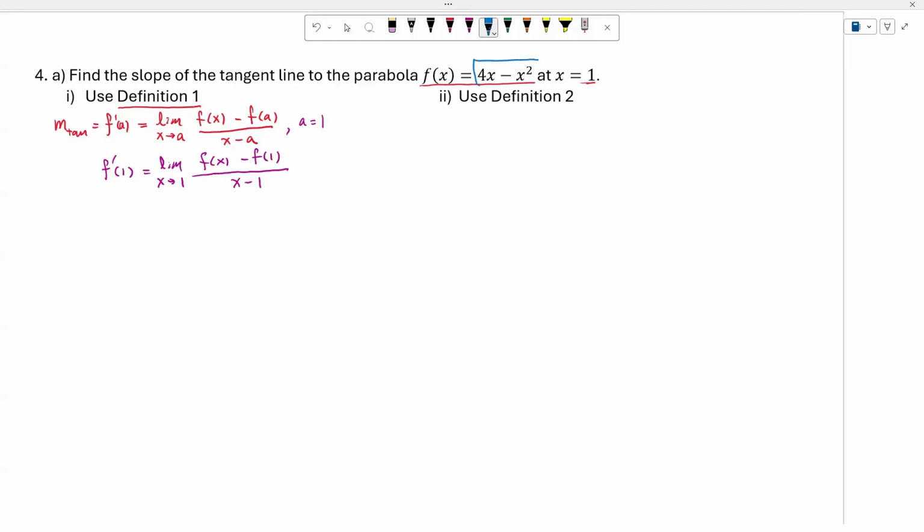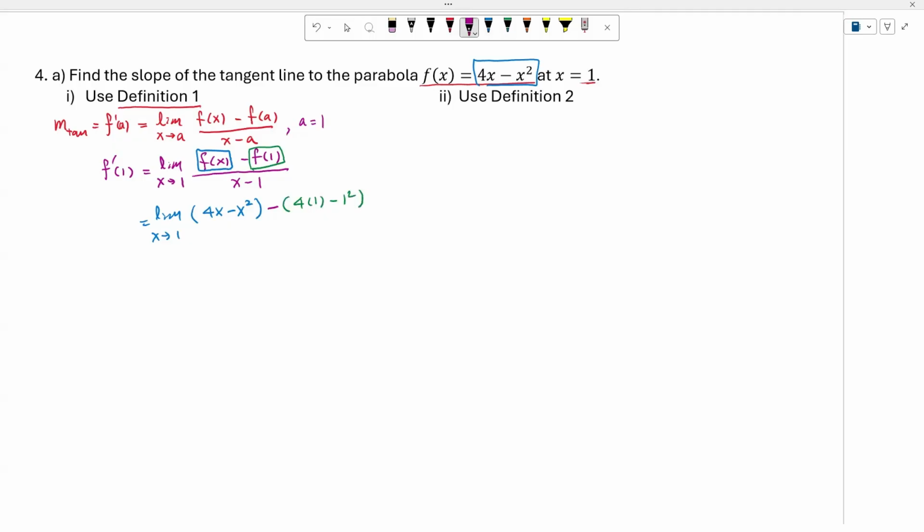And now, we know that f of x is equal to 4x minus x squared. Then we subtract f of 1, which is 4 times 1 minus 1 squared.